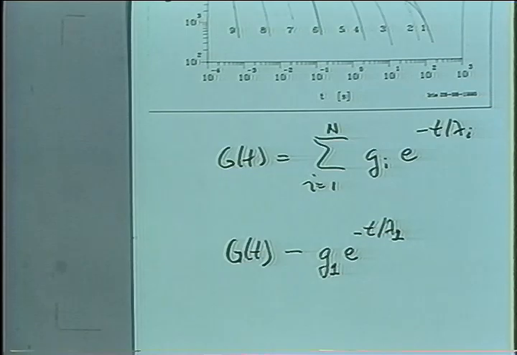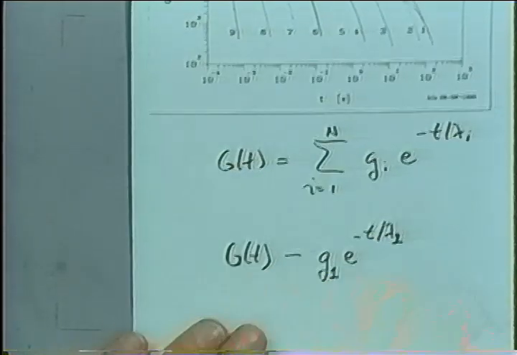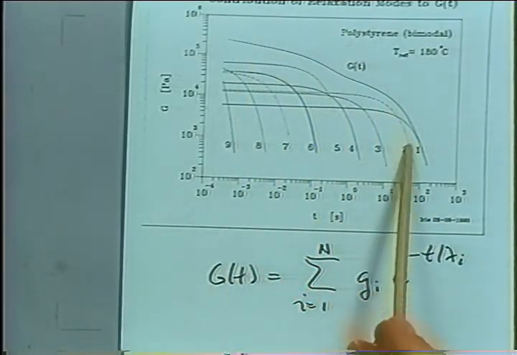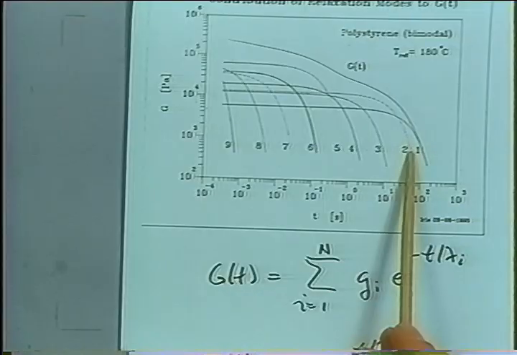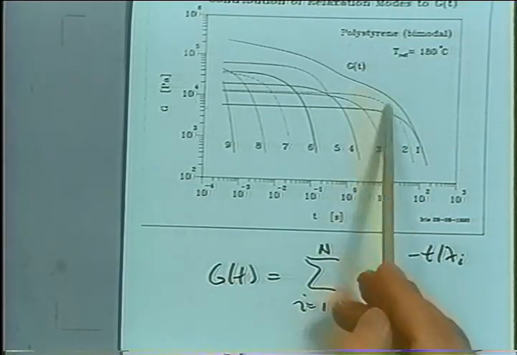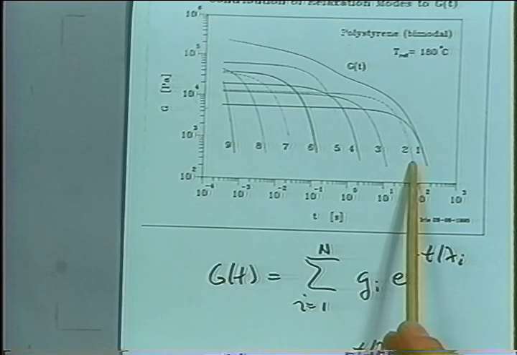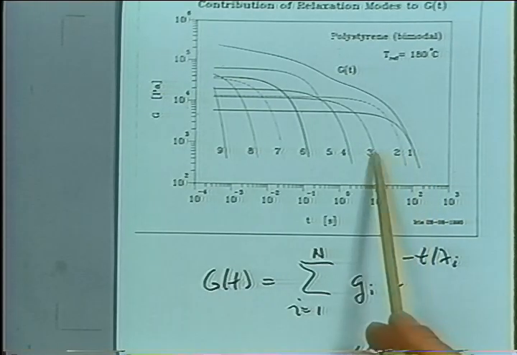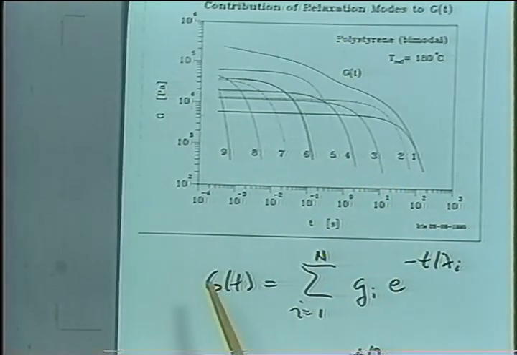And then by plotting this curve here, you would get a G of t, which is now carried by the second longest mode, because you're subtracting all those long parts out. And you can model now this, again, the long time tail, and you get Maxwell mode number 2. And then you can unzip the spectrum by continuing getting mode 3, 4, 5, and 6.